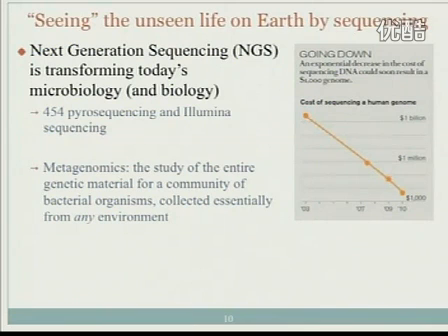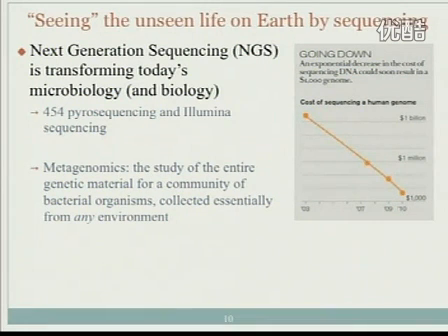For now, the two major techniques used for metagenomics, to my knowledge, are 454 and Illumina. 454 is mostly used for 16S only.